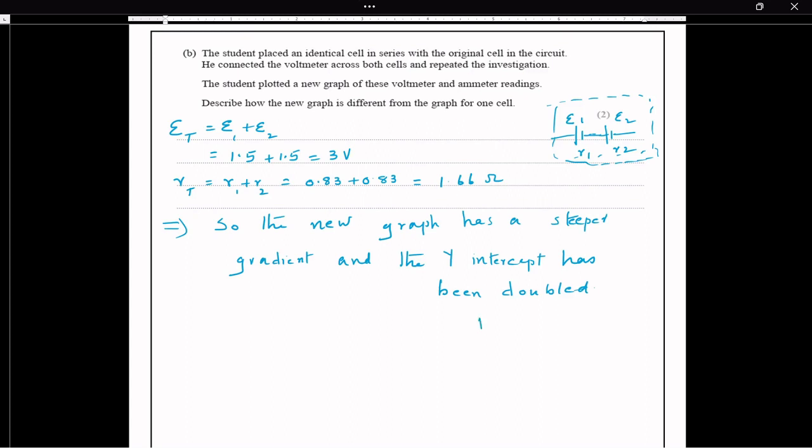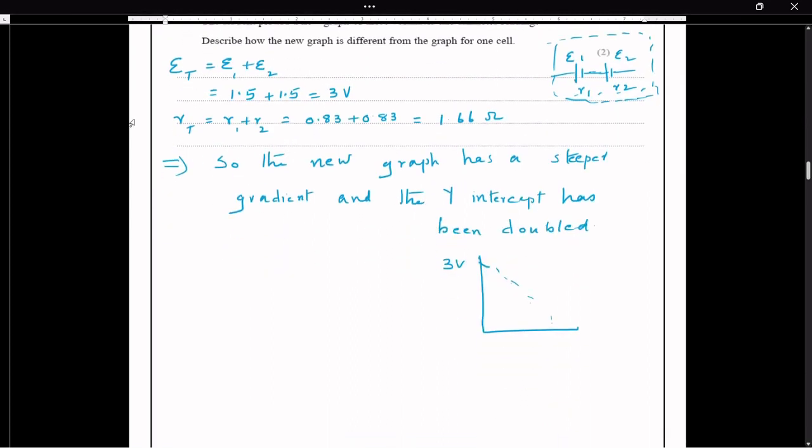Okay, so in the new graph the y-intercept is 3 volt and it has a steeper gradient. This is the change that is happening in the graph. The new graph has a steeper gradient and the y-intercept has been doubled.